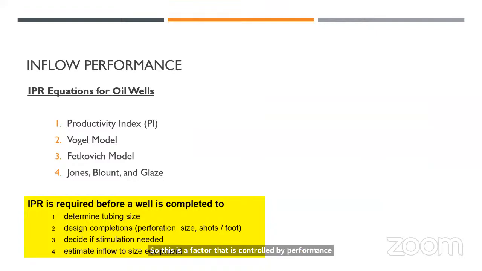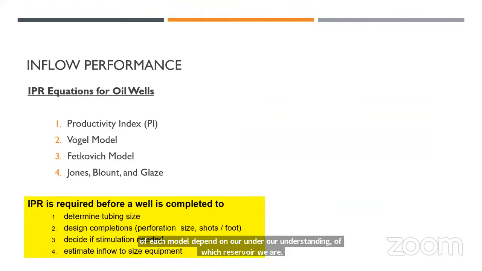We have several models, all of them in Prosper, but the selection of each model depends on our understanding of which reservoir we are studying. That's why we introduce the different drive mechanisms of reservoirs.